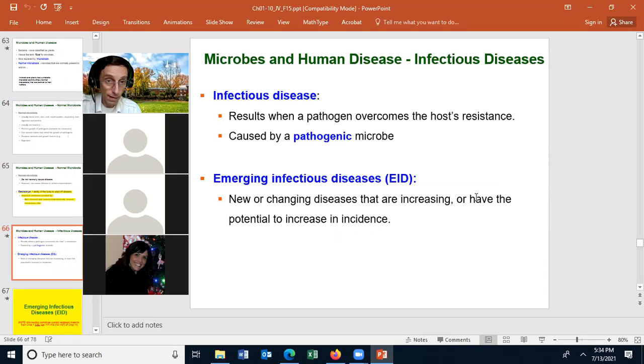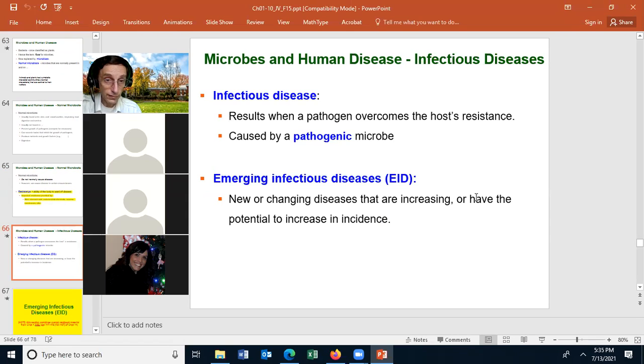Infectious diseases are caused by a pathogenic microbe. So an infectious disease is always caused by a pathogenic microbe. All right? Any questions there? Remember, most microbes do not cause disease. But those that do, we call them a pathogenic microbe.